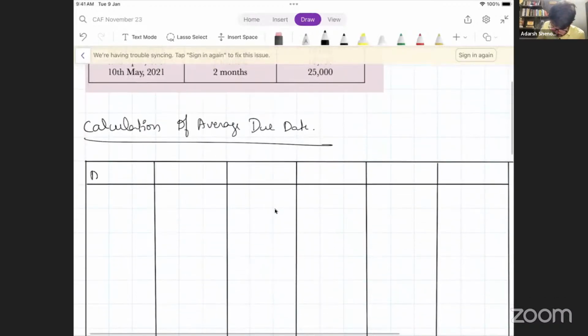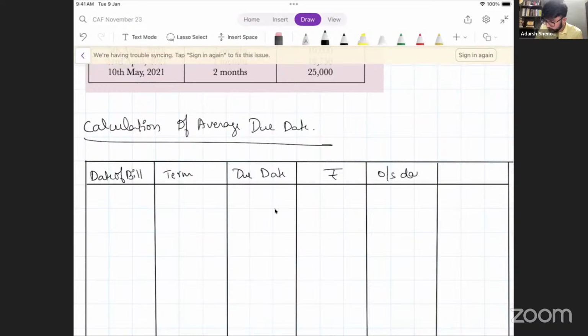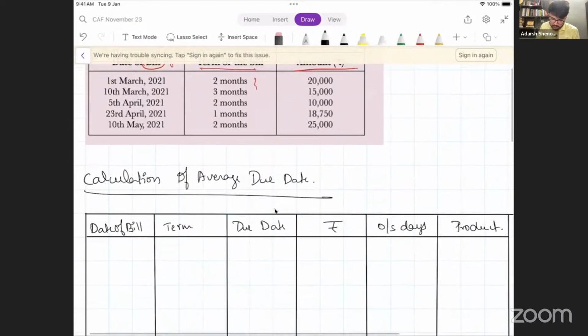So date of the bill, term, due date, amount, outstanding days or intervening days, and then we need the product. So date of the bill is given 1/3/21, 10/3/21, 5/4/21 as it is.